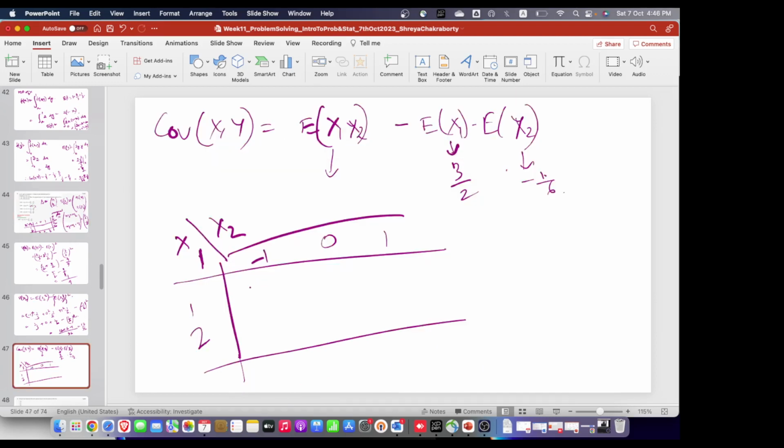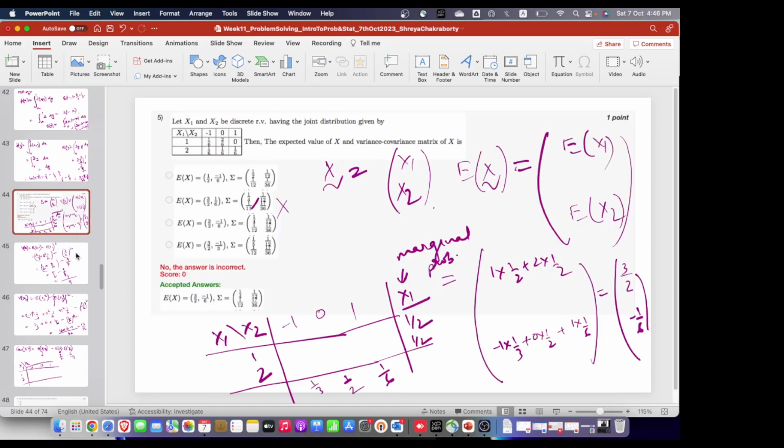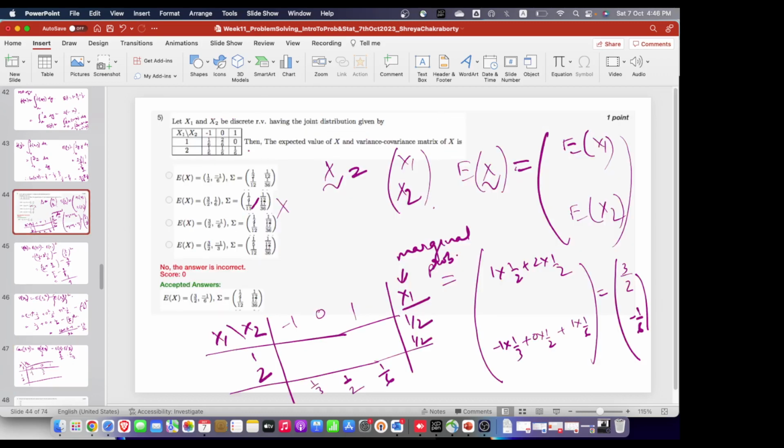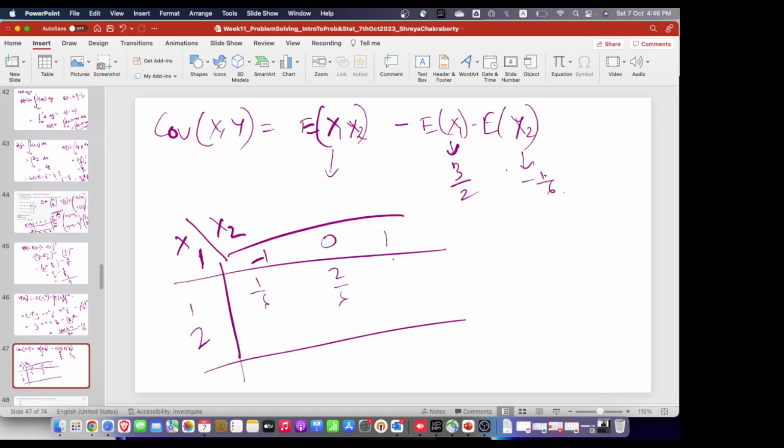So these are the probabilities they have given: 1 by 6, 2 by 6, 1 by 6, 2 by 6, and then 1 by 6, 2 by 6, 0, and then this is 1 by 6, 1 by 6 and 1 by 6.